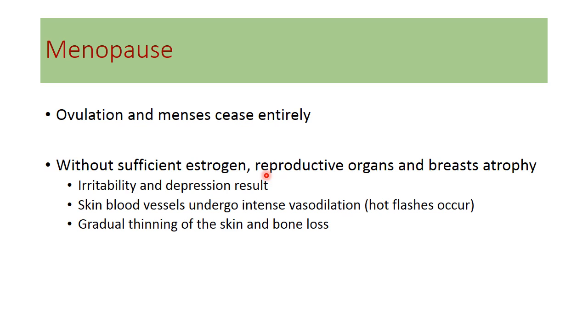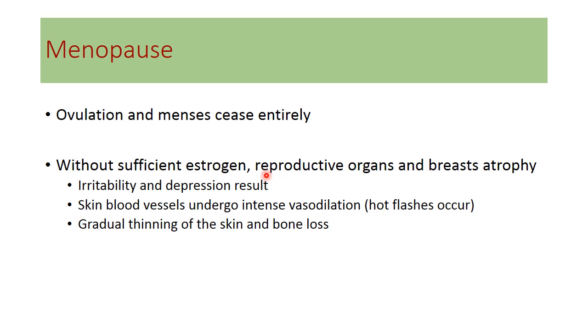As this is occurring, there are decreasing levels of estrogen in the body, and as a result, it'll have its effect on the reproductive organs and the breasts. There tends to be atrophy of the tissues. There can also be some mood disorders associated with that, irritability and depression. The blood vessels in the skin will undergo a vasodilation that will create hot flashes.